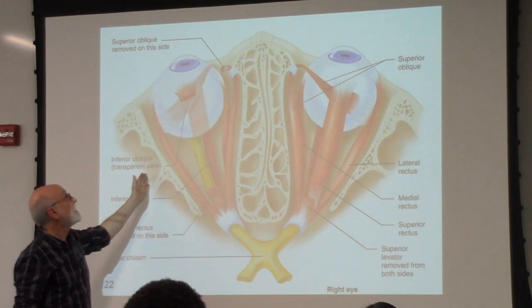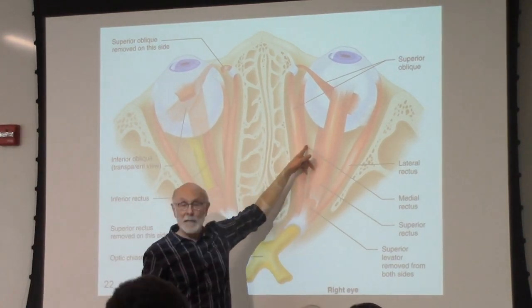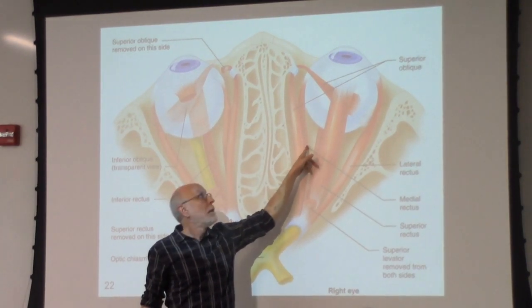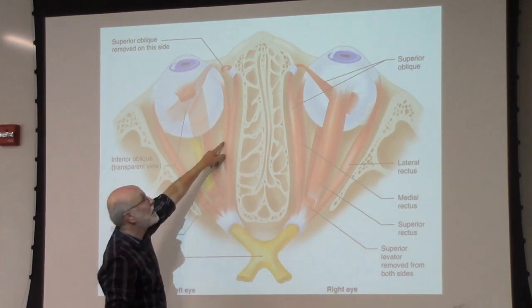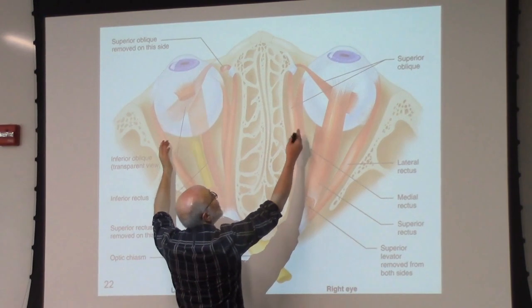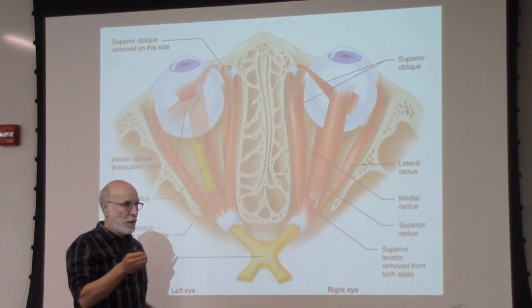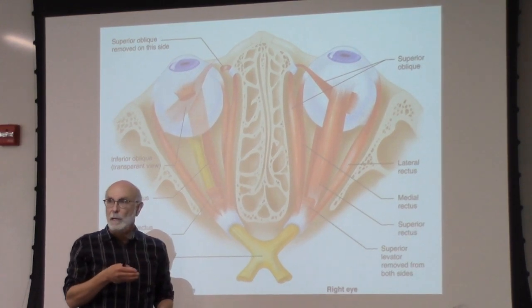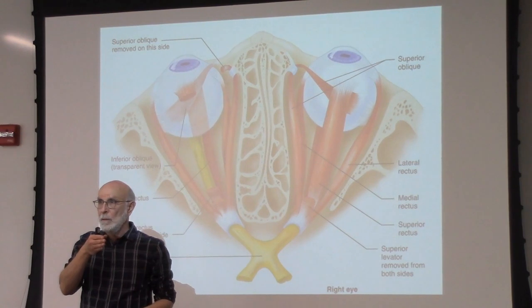So as you can imagine, there is a medial rectus. Here is the medial rectus of the right eye, and here's the medial rectus of the left eye. The medial rectus on the right eye moves the right eye towards the midline, towards the nose, to the left.